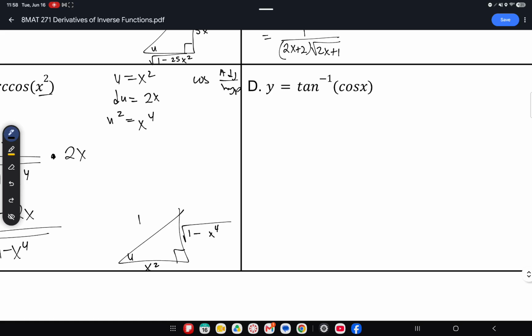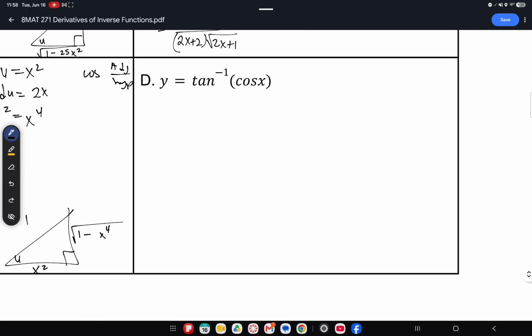Look at another one here. Another inverse tangent. So I can do my u is cosine of x, which means my derivative of that inside is negative sine of x. And my u squared is going to be cosine squared. So if I go straight from just plugging in, it's 1 plus x squared.